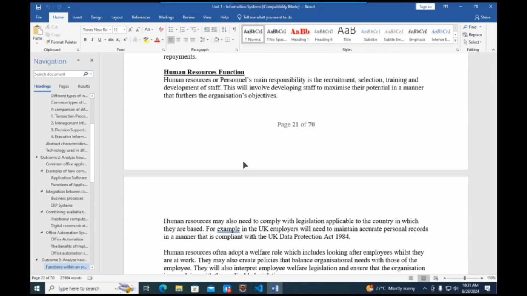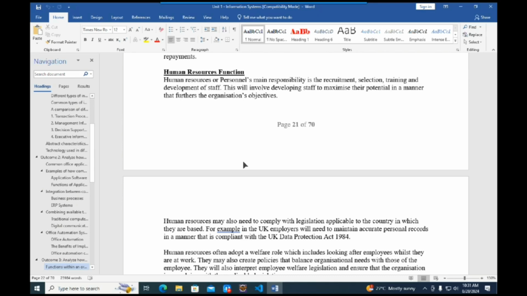Now, when you talk about human resource, we are really looking at the persons whose main responsibilities are recruiting employees, selecting, training, and even developing the staff.